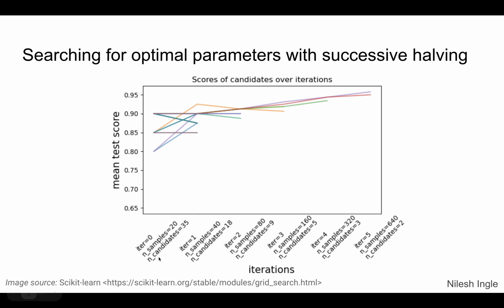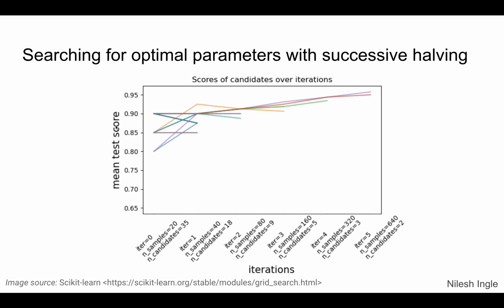By candidates, this means the combination of the parameters. So for example, C is equal to 1, gamma is equal to 0.001, kernel is RBF. That's one, and then the second could be C is equal to 1, gamma is equal to 0.0001, and kernel is RBF. Those are the combinations of candidates.